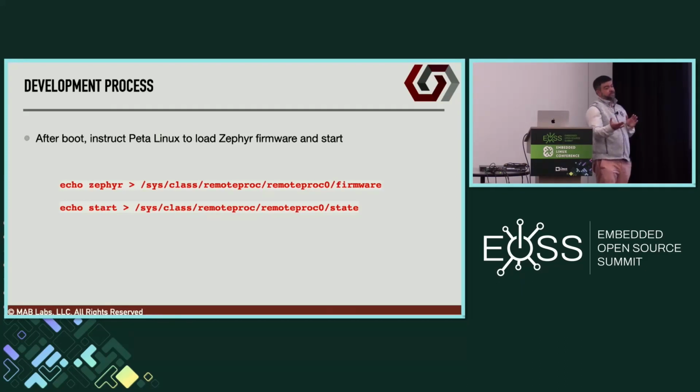You echo that to the sysfs entry, and then you just echo start, and it kicks the tires. It was pretty fascinating because I had the Vitis debugger set up, I could set a breakpoint, and once I hit start, you could actually see the breakpoint in main hit, like, okay, this is actually working. So it's pretty nice.